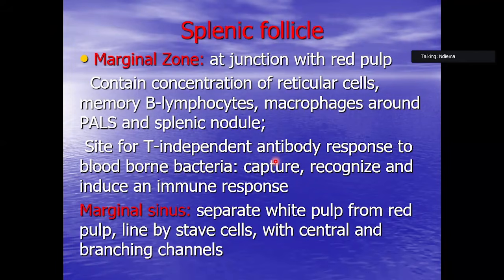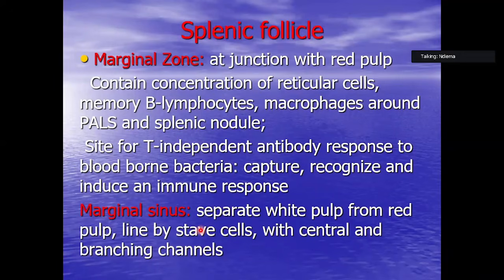When they migrate into circulation, these cells contain a specialized type of endothelial cells that we refer to as stave cells. Stave cells are long cells, and they of course are endothelial cells, which, unlike the flattened endothelial cells, are not flattened. The longitudinal axis of the nuclei is parallel to the endothelial basement membrane.